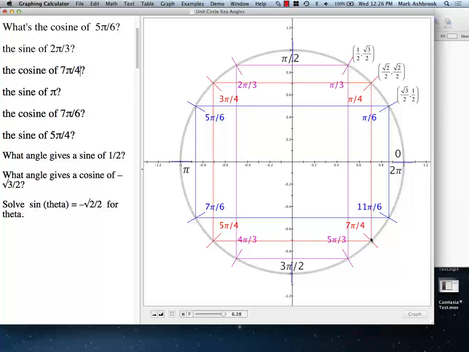Cosine's positive because we're to the right. Okay. Sine of pi, Malenko. 0. It's the vertical distance above the horizontal diameter at pi, which would be 0. Okay.